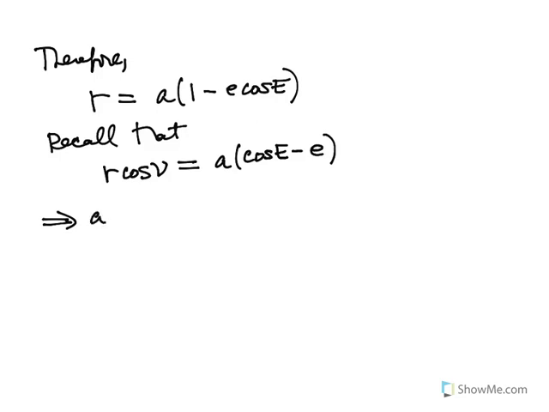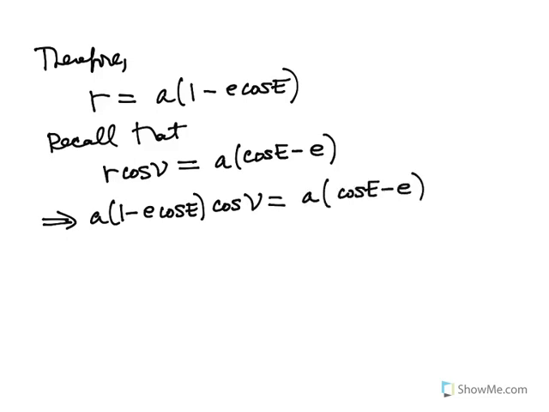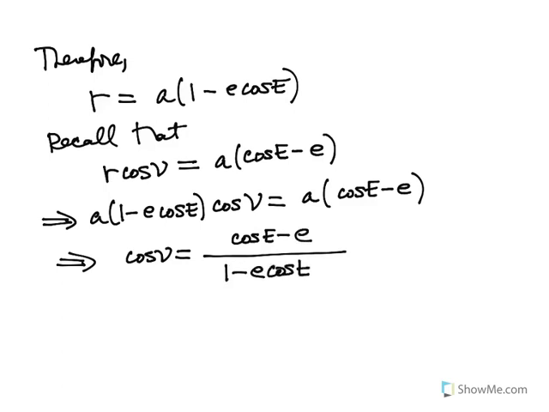We know that a times 1 minus e cosine of E times the cosine of nu equals a times the cosine of E minus e, which implies that the cosine of nu is equal to cosine of E minus e all divided by 1 minus e times the cosine of E.